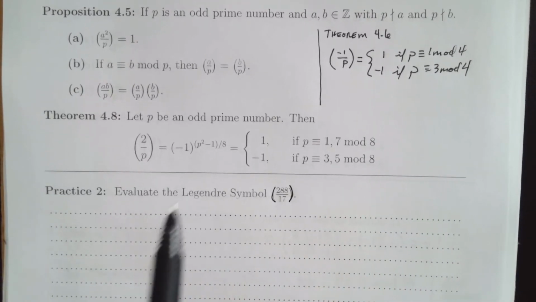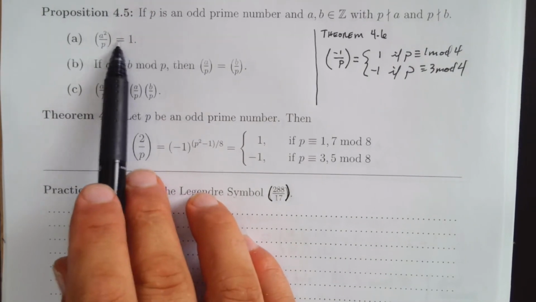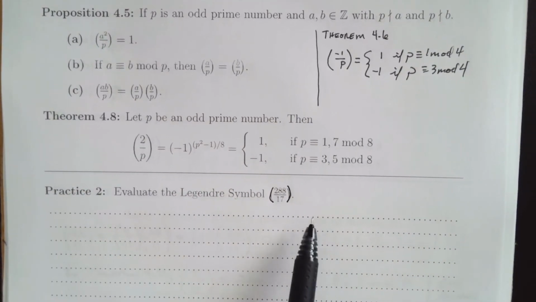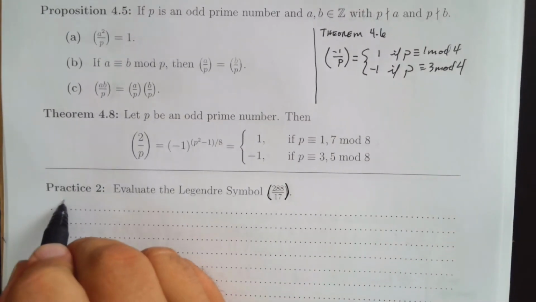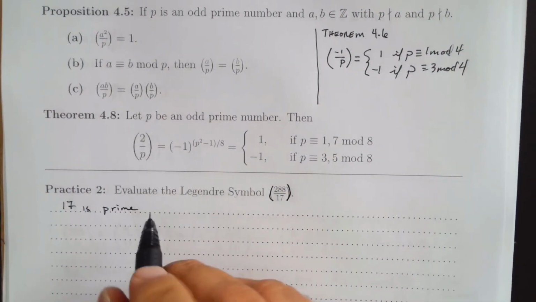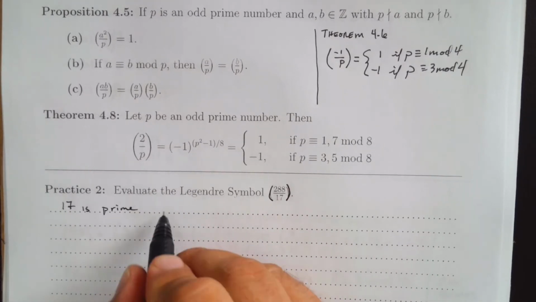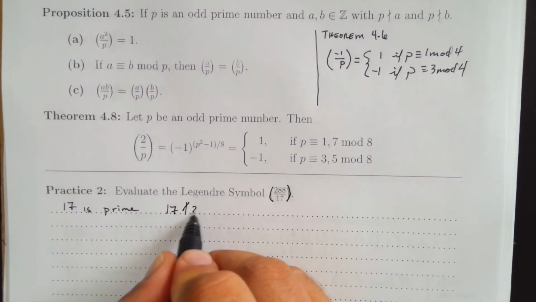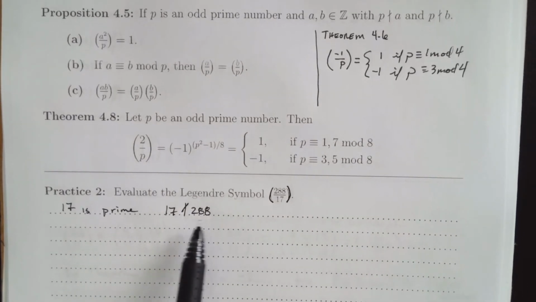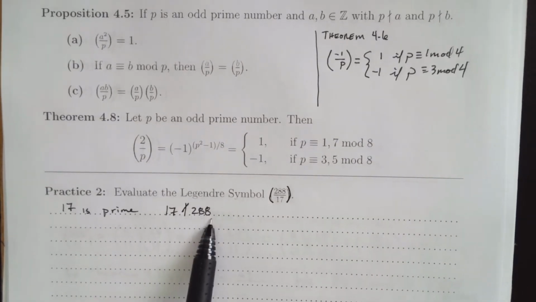Okay, so it always helps to check out your proposition 4.5a first. First off, we know that 17 is prime, and we should know that 17 does not divide 288, right? So these are our conditions that we need to have for a Legendre symbol.